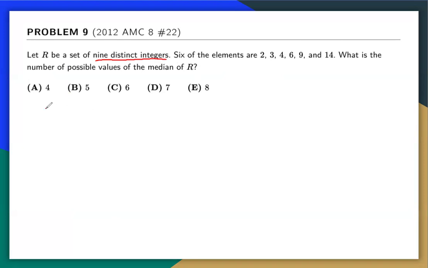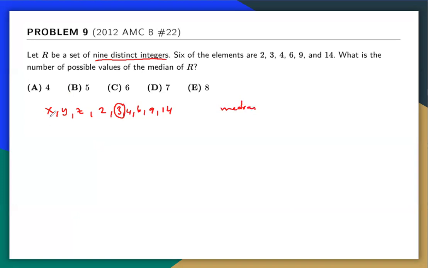Let's say the other 3 numbers are smaller than the smallest of the given numbers: 2, 3, 4, 6, 9, and 14. In this case, since we have 9 numbers, the 5th number should be our middle number. So 1, 2, 3, 4, 5. That means this has to be the median, which is 3.